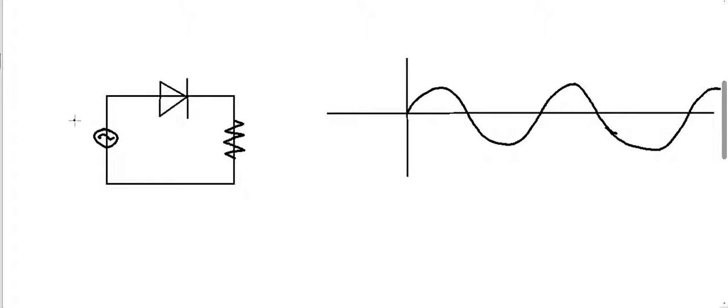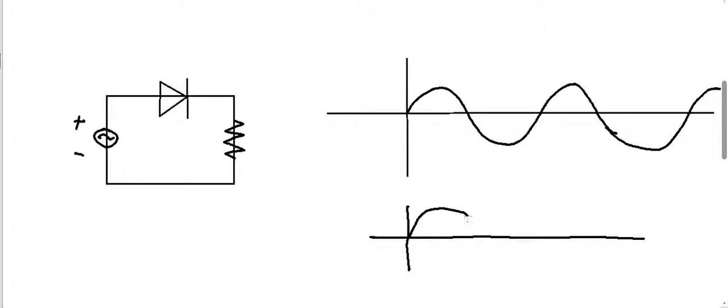In the first cycle, when this is positive and this is negative, the diode will be forward biased, correct? The positive is connected to the positive terminal of the diode. We know that when a diode is forward biased, it will allow the current to pass. Now it is forward biased here, here it is 0, and now it starts to go negative.